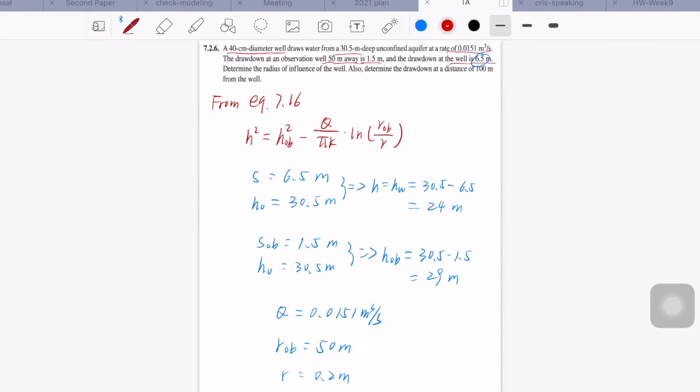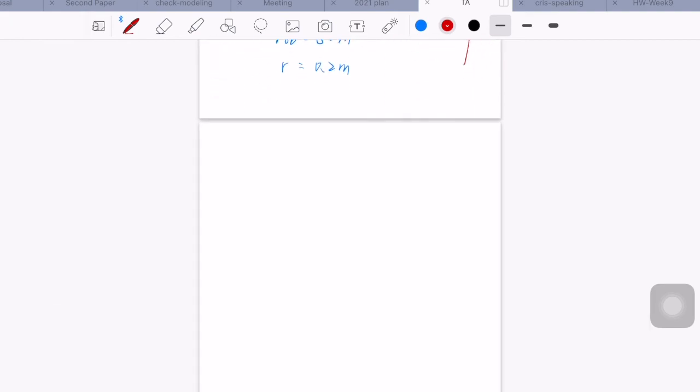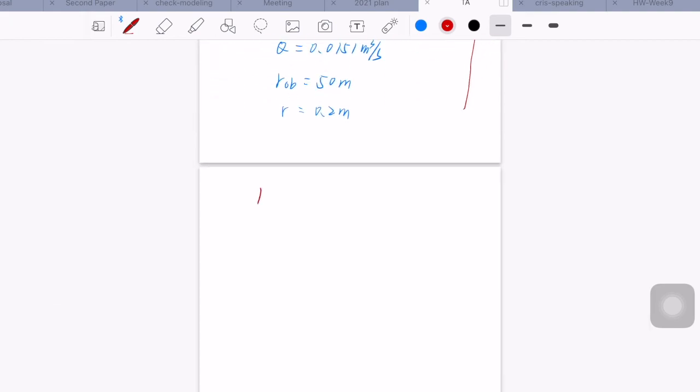So we can determine that the K value should be equal to 0.0001 meters per second. And now we can use equation 7.15 to find the radius of influence.